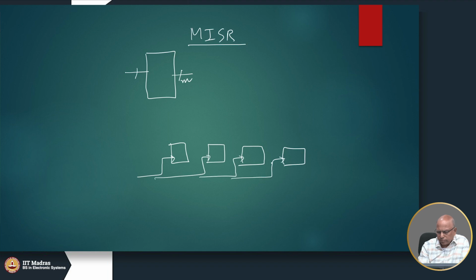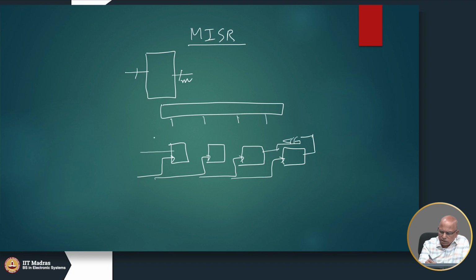so here is my circuit under test. Let us say it produces 4 outputs. So what I can do is, earlier I was taking this output and this guy here, and I was XORing them and bringing that as an input to this guy.